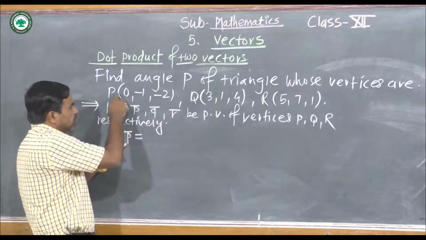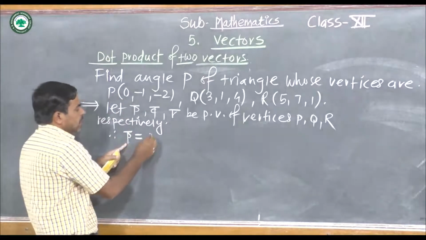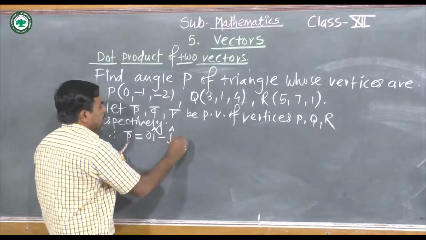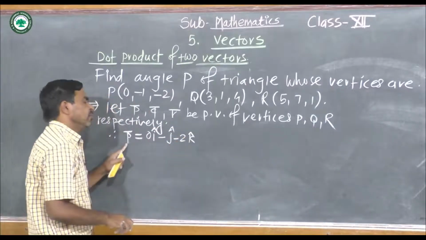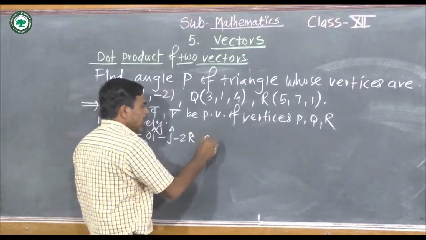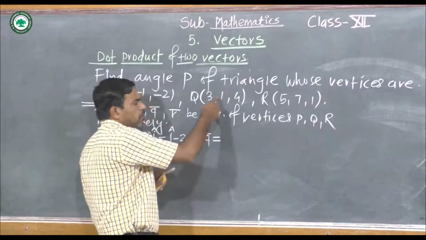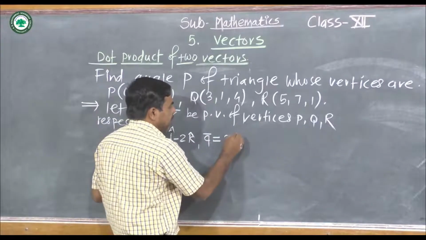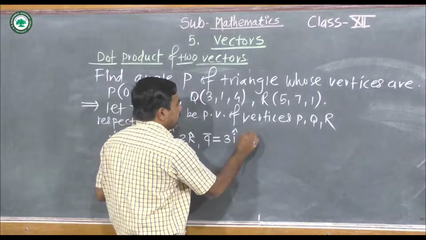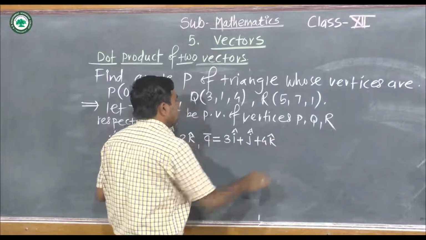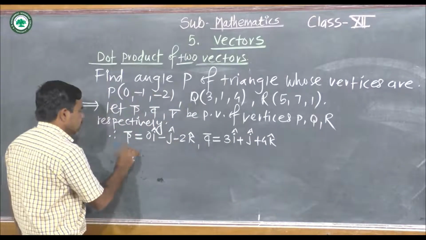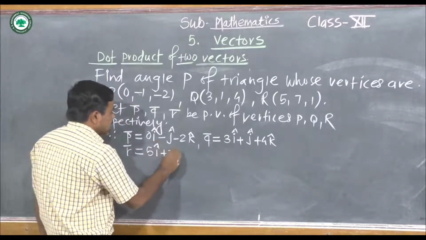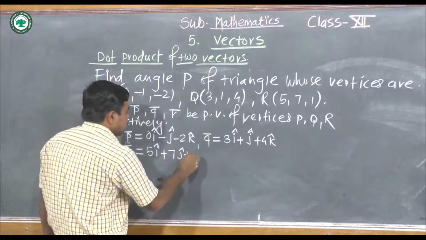So the position vector of this point is small p bar and it is equal to 0 I cap minus j cap minus 2 k cap. Similarly, small q bar is the position vector of the point capital Q. So position vector q bar is 3 I cap plus j cap plus 4 k cap and r bar is equal to 5 I cap plus 7 j cap plus k cap.